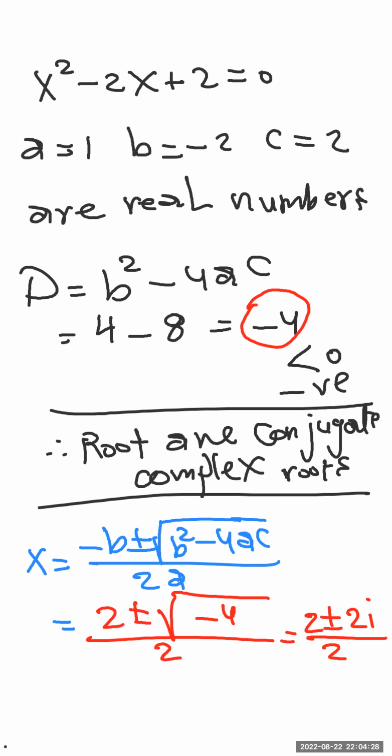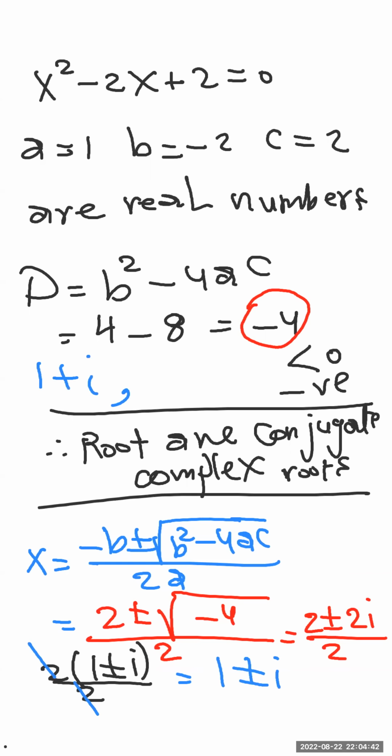Now 2 from the numerator as a common factor, so 1 plus or minus i over 2. Now simplify by cancelling 2 and 2, so it equals 1 plus or minus i. So the two roots are 1 plus i and 1 minus i. Exactly, that's correct. Conjugate complex, 1 plus i and 1 minus i.